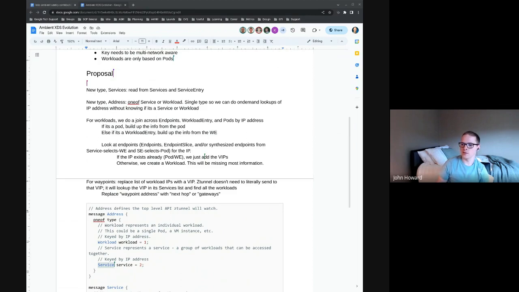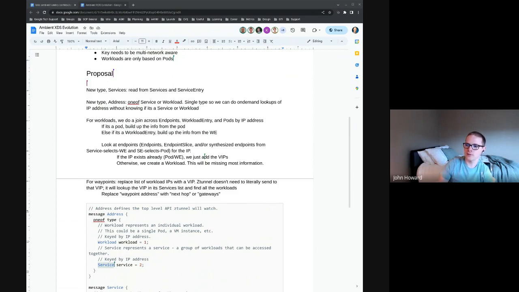The newer thing would be that we also look at endpoints, which could be from endpoints, endpoint slices, or our synthesized endpoints by joining service and workload entry or service entry and pods, which don't exist in endpoints in the API server, but are logically equivalent in Istio. And then also join those with IP address. So if the IP is already a pod or a workload, which is the normal case, then we would use that to add the VIPs field to the workloads.